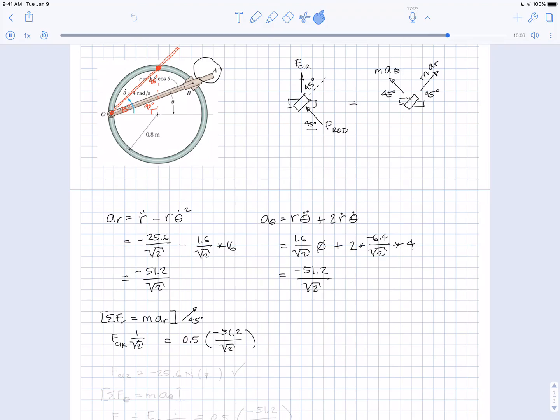The root 2's cancel, and we get that the force of the circle onto the collar is minus 25.6 newtons. The negative means the opposite of what we assumed, so it's pushing in. Okay, now let's do the theta force.